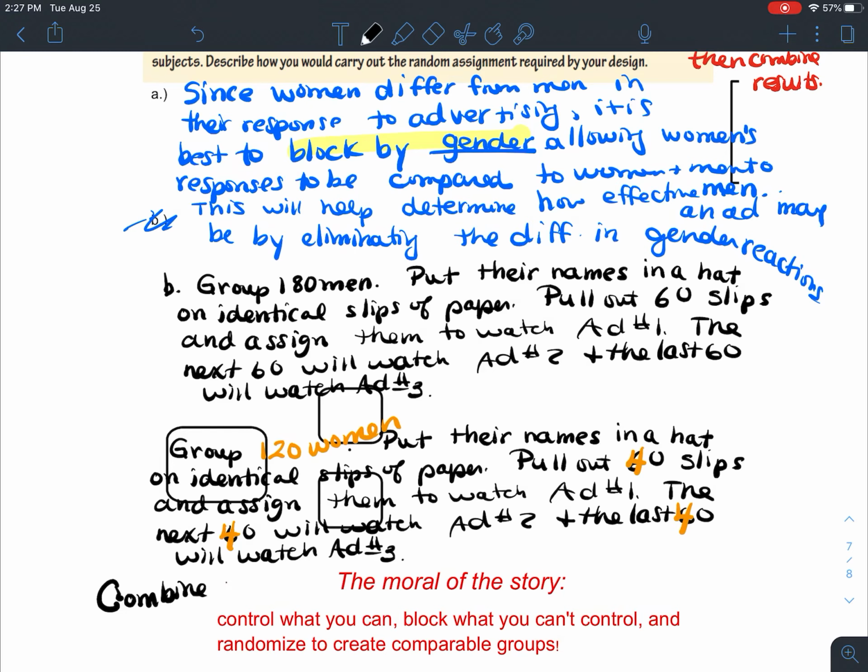Okay. And in the end, I should probably say that I want to combine all results. Okay, combine all the results.